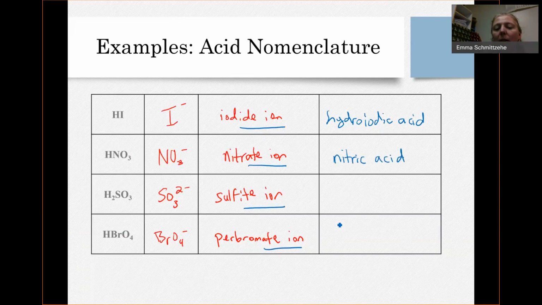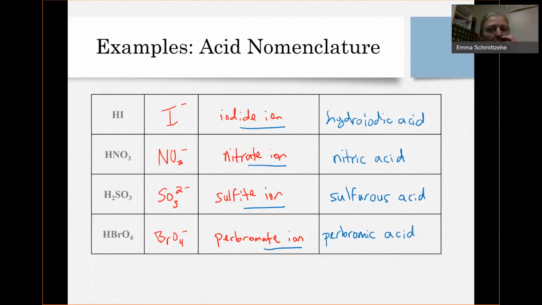And then the ite ion changes to ous. And this is one of the oddballs where we tack back in a couple extra letters. So sulfurous acid. And then an ate ending changes to ic, so perbromic. And I think a couple of those were repeats, but that's okay.